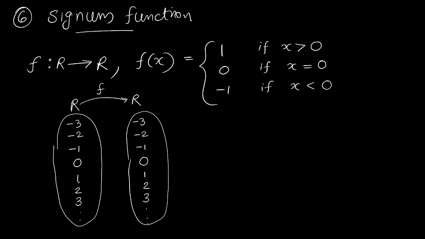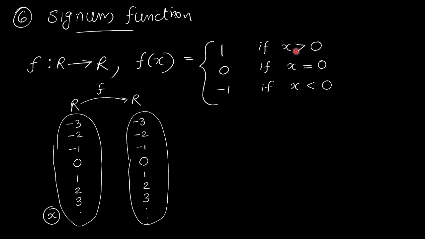It is a function. If you draw the arrows, you can see that it is a function. The left side numbers are generally denoted by x. f of x equal to 1, so if x is a positive number, the image will be 1.